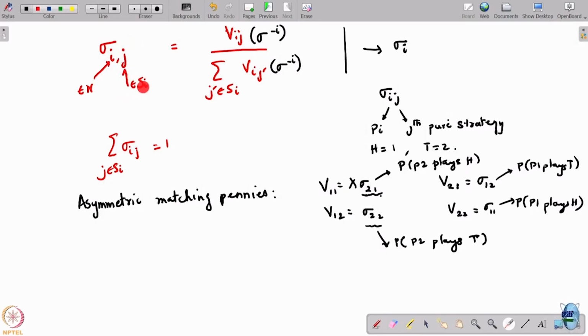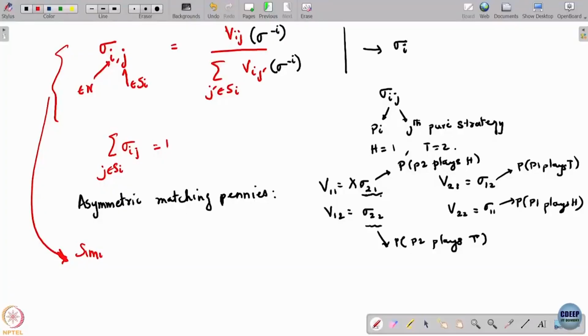There will be as many as Si, as many as his pure strategies, and then one such set for every player. You have to solve these simultaneously to solve for the sigma, and that then is your equilibrium.